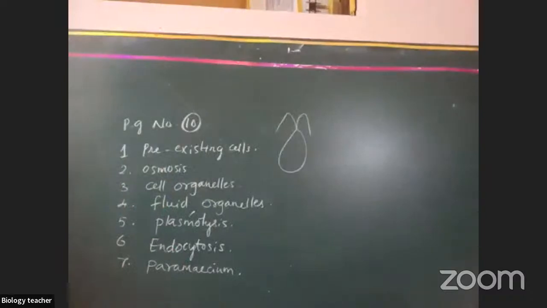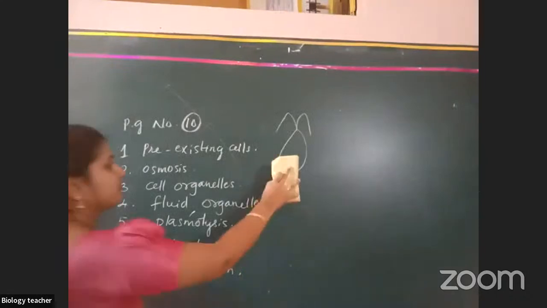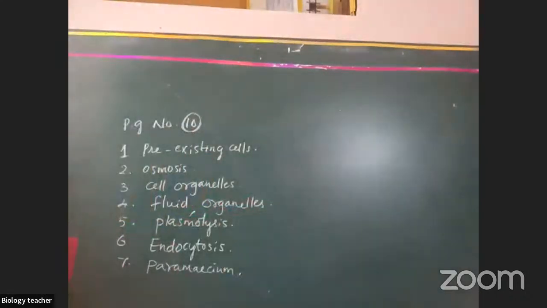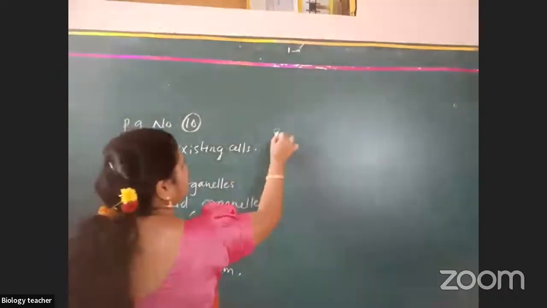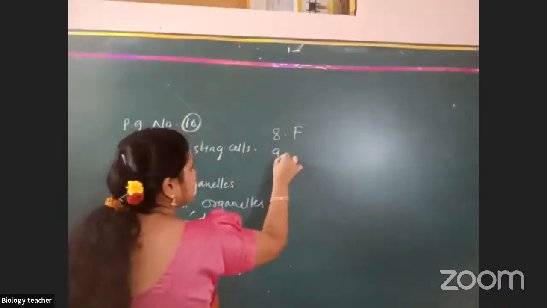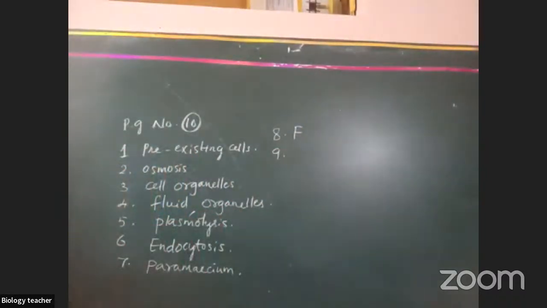So is this unicellular or multicellular? It is unicellular actually. So it is false. Next, ninth one, plasma membrane is present in all cells. Yes, if it is called a cell, plasma membrane should be present. So true.